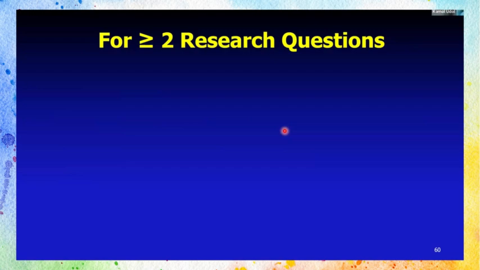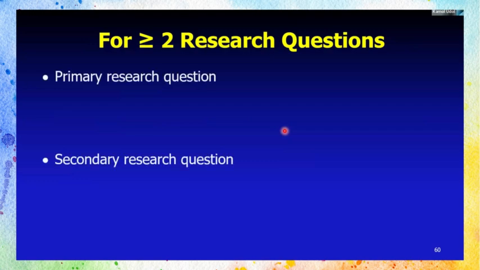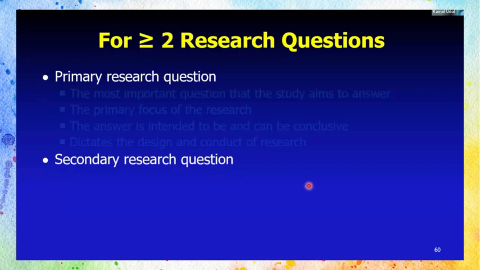And the rest will be secondary research questions. You can have 2 or more, but you need to specify which one is the primary one, the most important one for you. And the rest will be classified as secondary research questions.